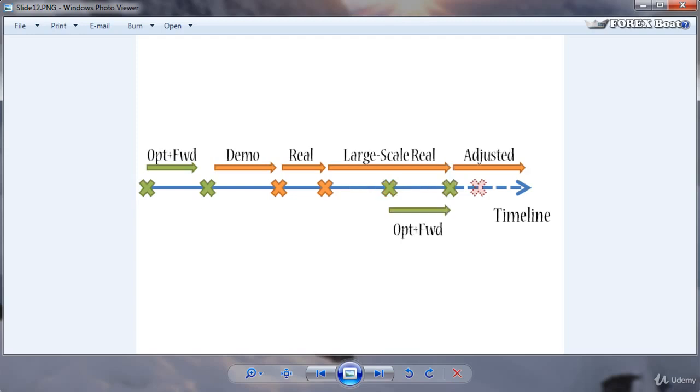And so when you get to that point in time, the second green X on the timeline, if you run your optimizations and forward tests again, you may uncover that if you adjust the set of your expert advisor that you're currently using, then you can improve the results, or you can filter out additional losses that had been incurred in the previous couple of months, or you can somehow upgrade the performance of your expert advisor.